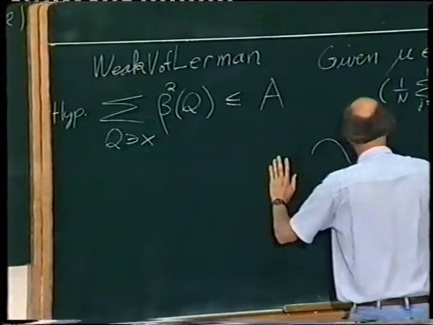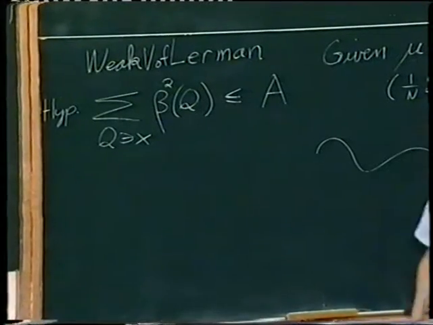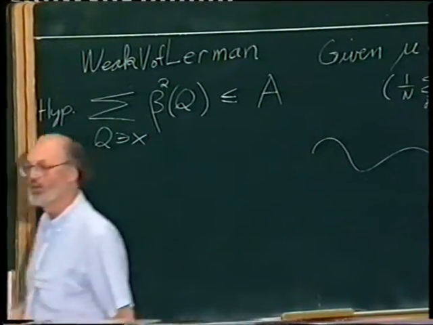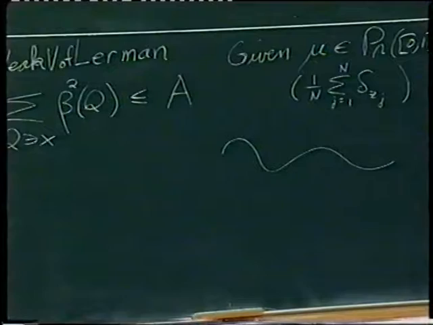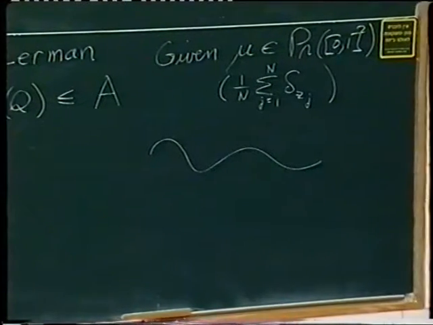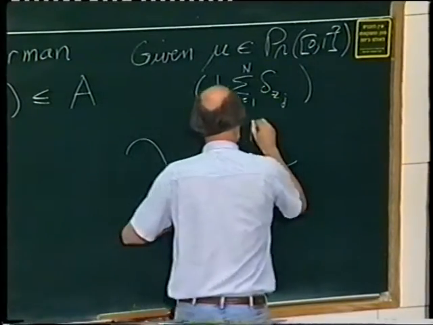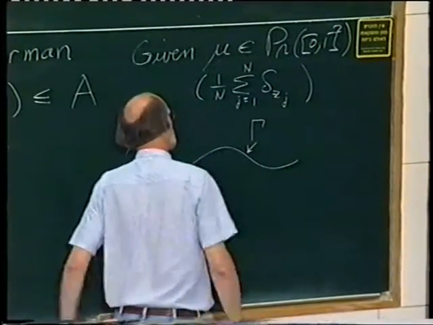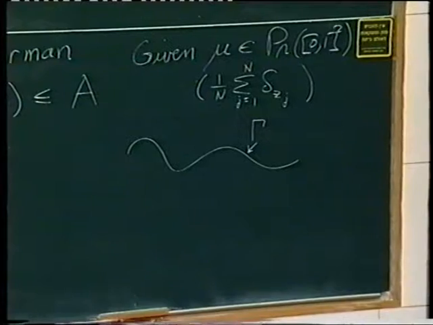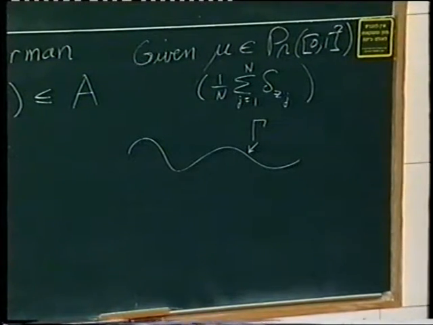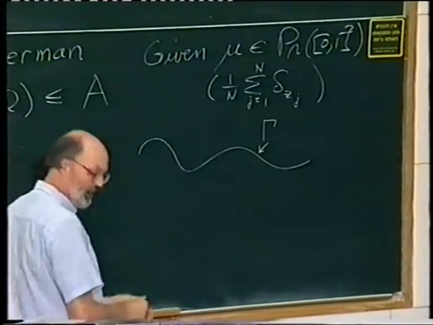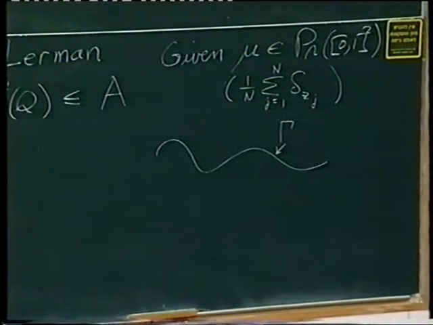Now, then what I want to say is that there's an effective means of parametrizing the set by a one-dimensional short object. So there's going to be a Jordan curve. It's just a rectifiable curve. And it's going to contain most of the measure.